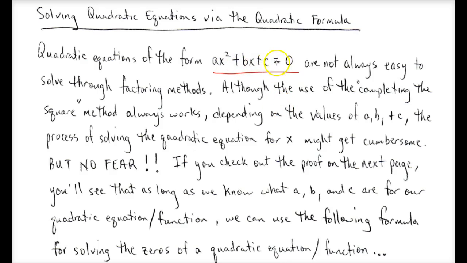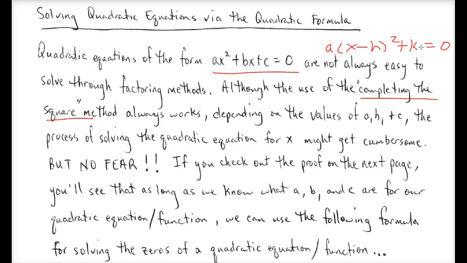Where the actual quadratic formula comes from is by taking this particular form of a quadratic equation and doing what's called completing the square to it to make it look like this. If you're unfamiliar with completing the square, that is okay.